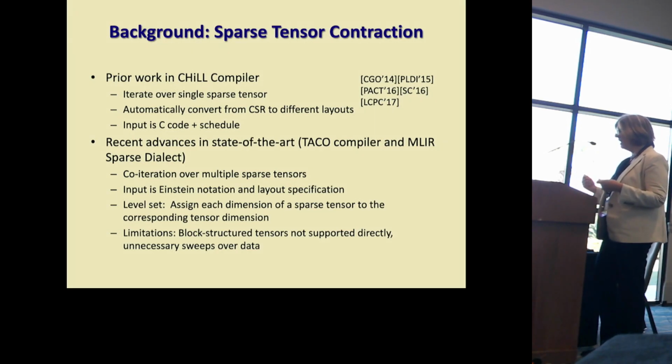And in both Taco and the MLIR sparse dialect, this notion of assigning a dimension of a sparse tensor to the corresponding tensor dimension and generating code based on that has a particular limitation when the indices don't match the indices corresponding to the matrix, and in particular block structured tensors, which we're going to come back to at the end.